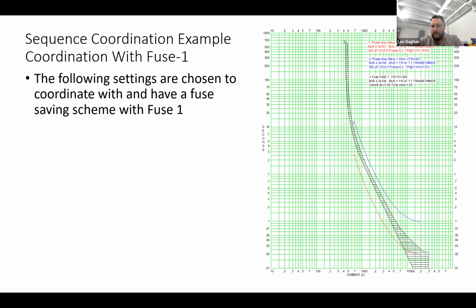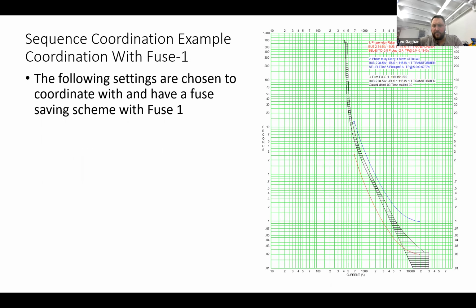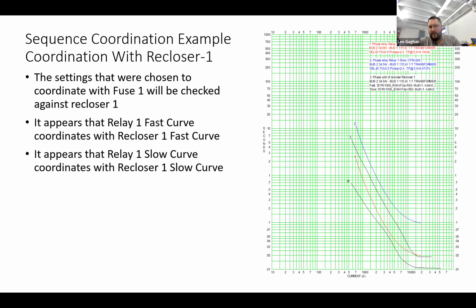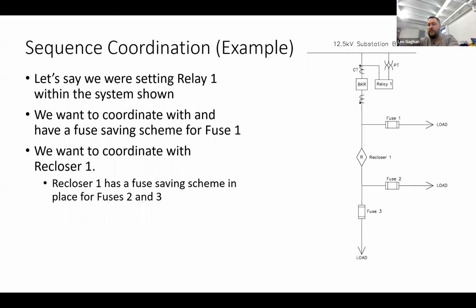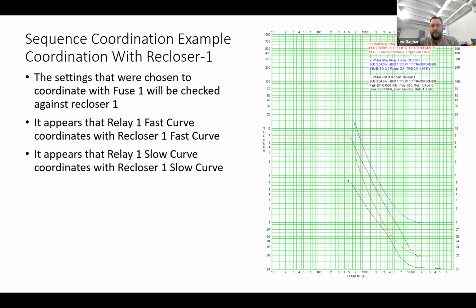We don't see the recloser on here, just the fuse, but oh, here it is. Okay, I did it in two sections. So that's our relay coordinating with the fuse. We can see we have the fuse saving and then the tripping. And then you can see here that the recloser has its own set of fast curves and slow curves that will coordinate with its respective fuses 2 and 3. So we have 2 sets of curves shown there.